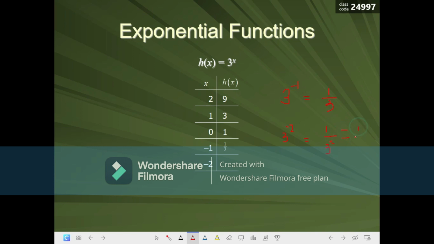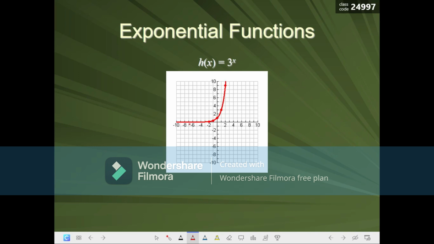What is 3 squared? That's 3 times 3, that is 9. So you have here 1 over 9. And this is the graph if we're going to plot all the points, the ordered pairs we have based on the table of values.